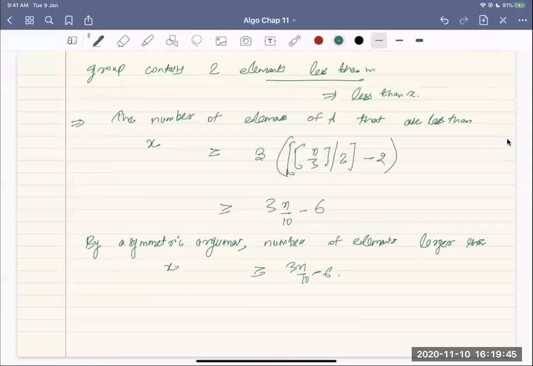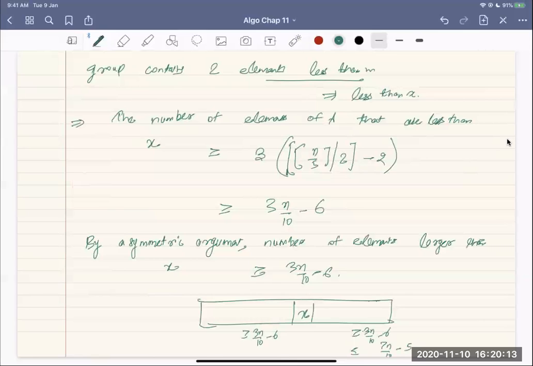Okay, so then what are we saying? So I got x, and if I choose x as pivot, the number of elements in both the partitions are greater than or equal to 3n by 10 minus 6, or they are less than or equal to 7n by 10 plus 5.